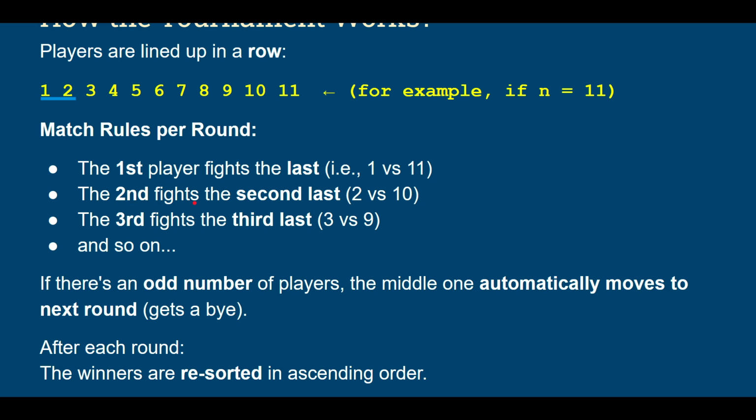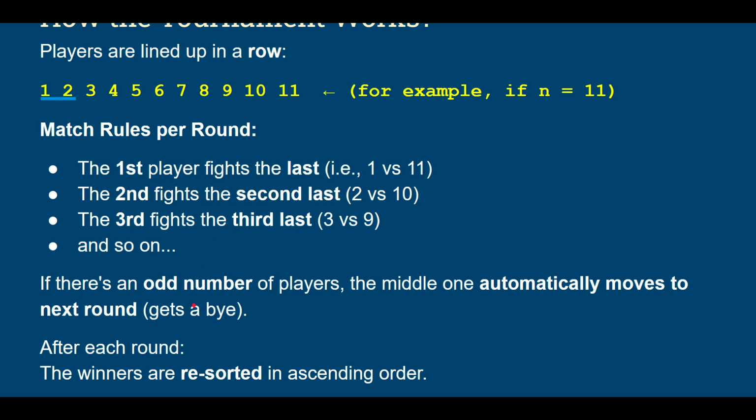The second fight will be between the second and the second last, so 2 and 10 will fight. Remaining is 3 to 9. Next, 3 and 9 will fight, and so on: 4 and 8, and we keep going until we finish all of them. So 1 and 11, 2 and 10, 3 and 9, 4 and 8, and 5, 6, 7 remain.